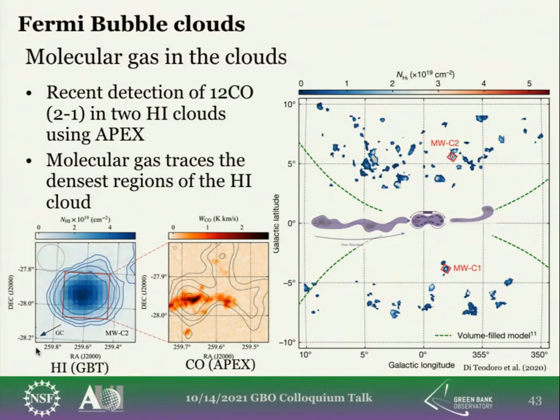So most of the molecular gas seems to trace the densest regions of the HI cloud. They mainly just targeted 2 clouds, and so several of the other clouds in the Fermi bubble could also show a lot of this CO emission embedded in them as well.